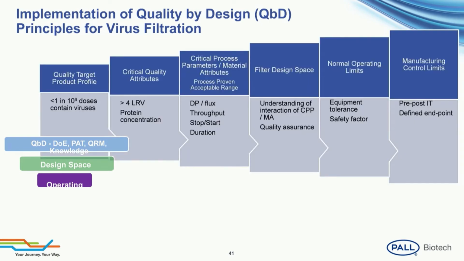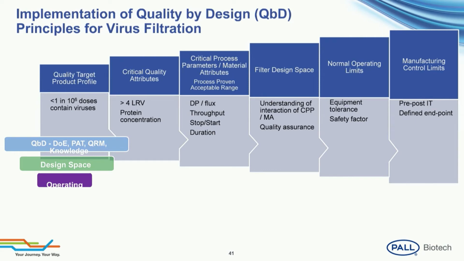Implementation of quality by design principles for virus filtration is a stepwise process which starts with defining the quality target product profile, which we call QTPP, for the virus filtration process.